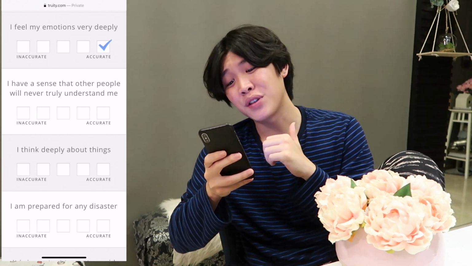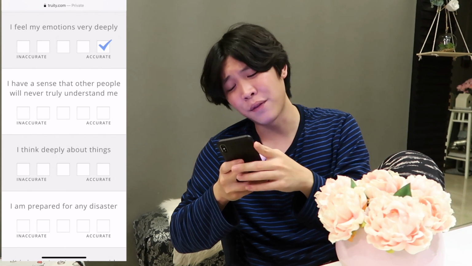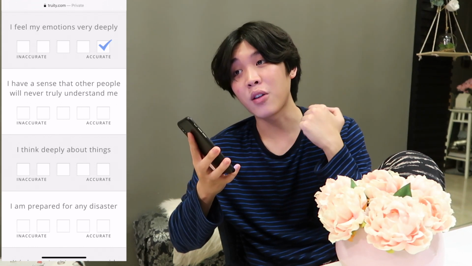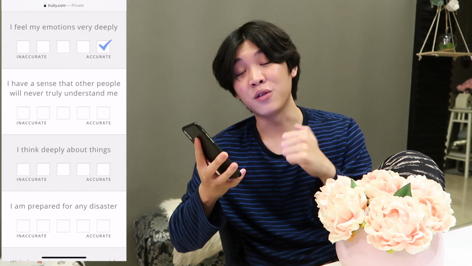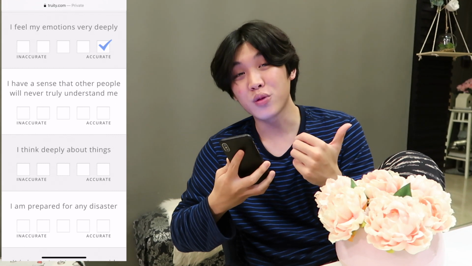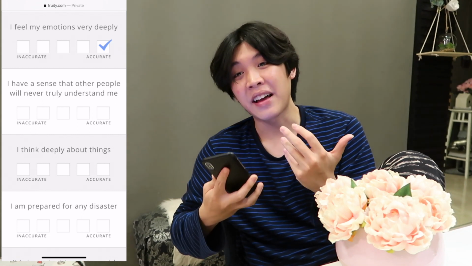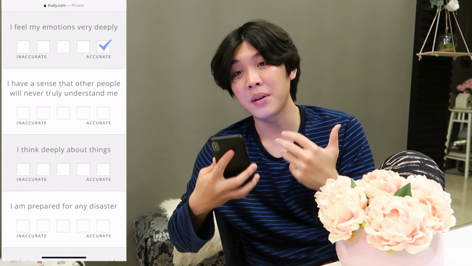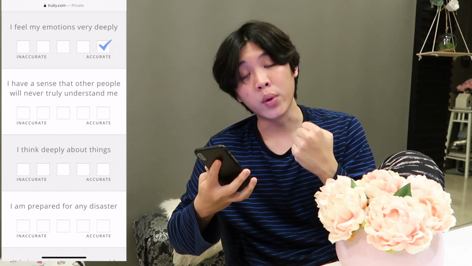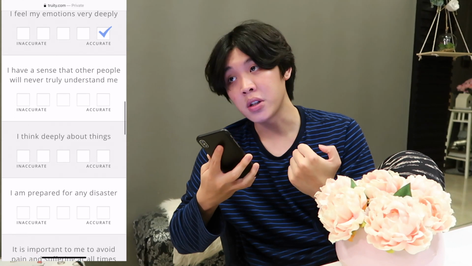So this is 150% accurate, but your boy is working on it, and hopefully one day I'm able to remain calm, because man, my emotions are literally like a volcano. It will erupt literally anytime. So your boy is doing his best to control his emotions.